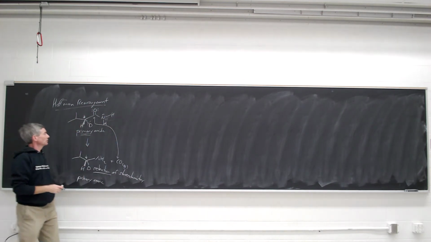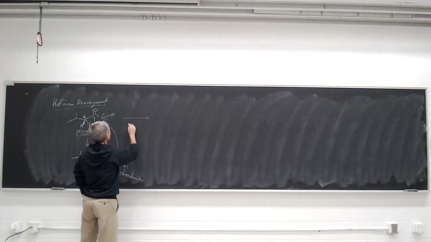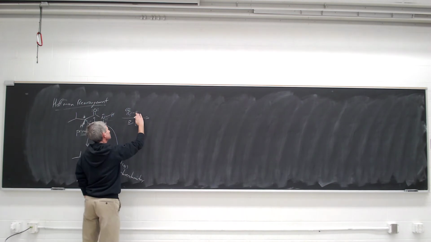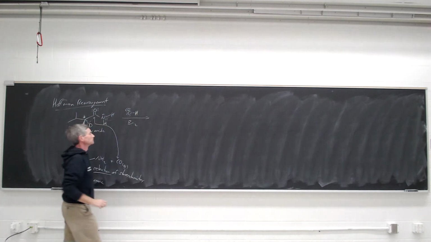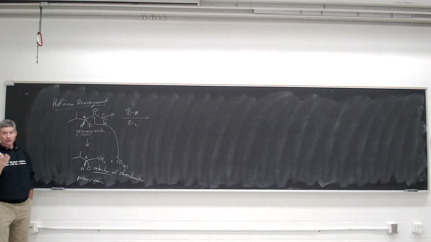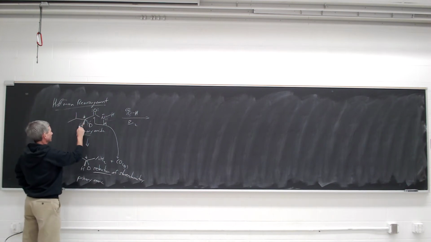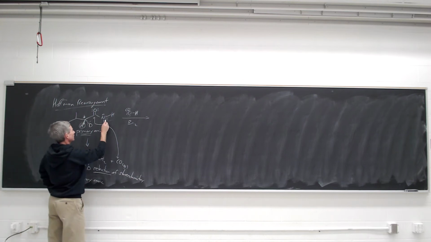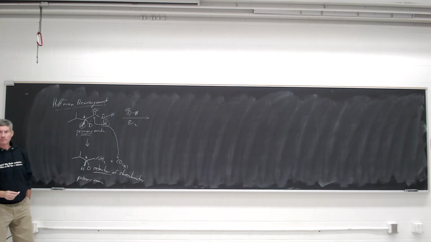So the reaction involves bromine and a base, often hydroxide. Hydroxide is going to take off the most acidic hydrogen, and it has a choice between the hydrogen on the alpha carbon and the hydrogen on nitrogen.